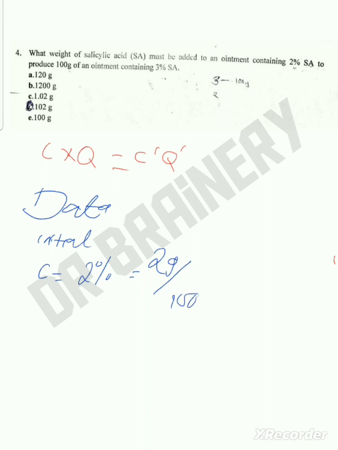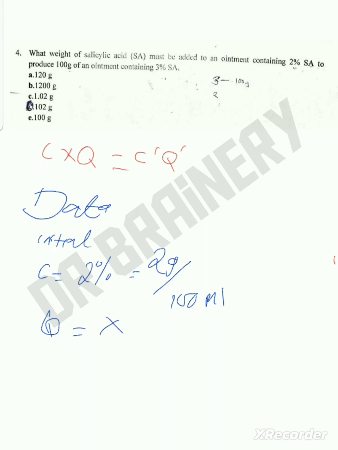Then after that, what is the amount that was there here, which we have here as Q? The amount that we have here, we don't know, is X. We don't know because it hasn't been given there.